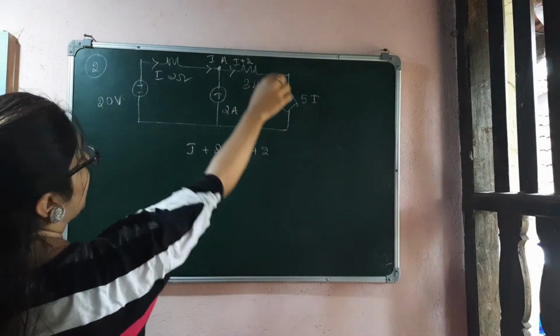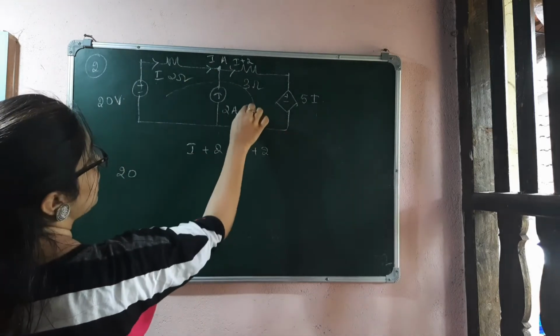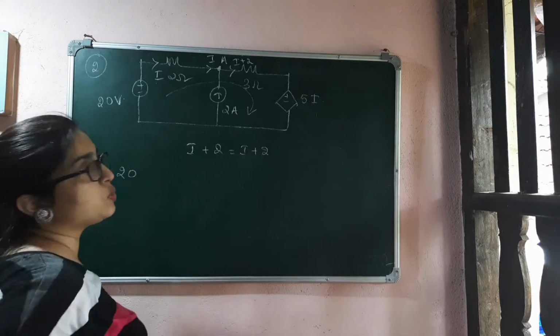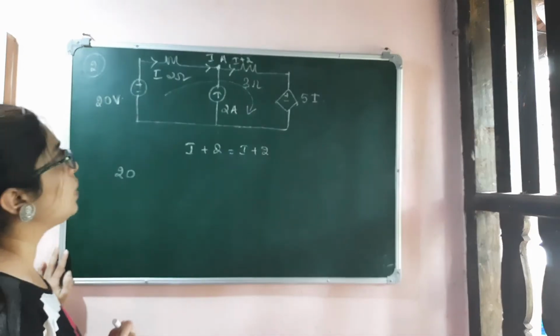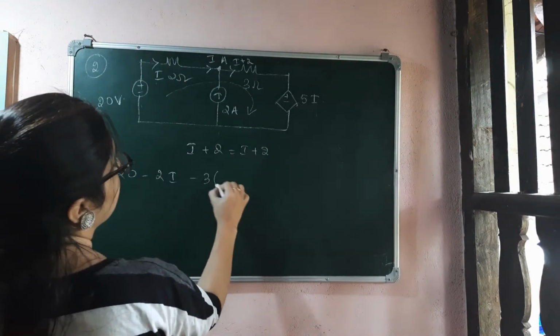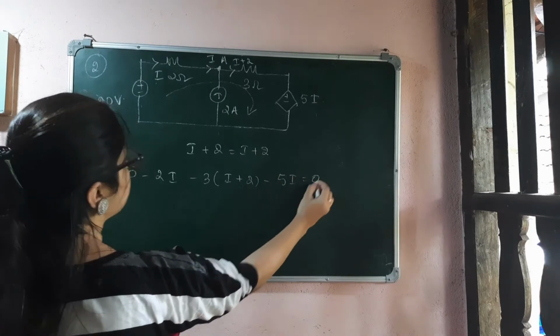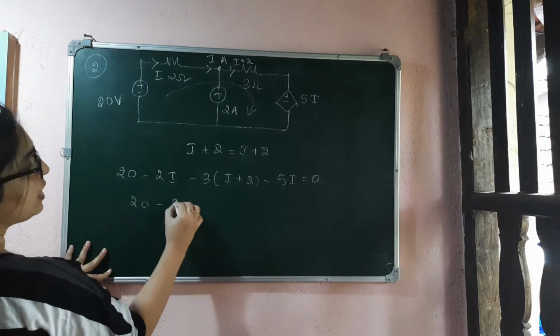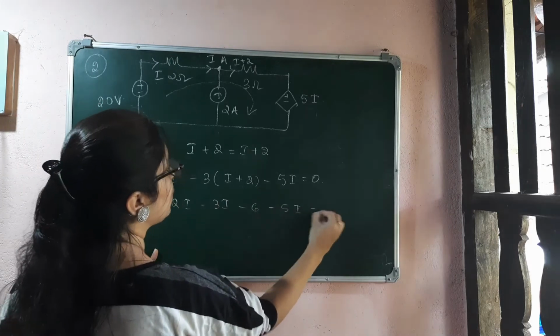Okay, so now what happens if I apply the KVL to this outer loop? I won't include this current source now because I've already considered the effect of the current source of 2 ampere. So 20 minus 2I minus 3I plus 2 minus 5I is equal to 0. 20 minus 2I minus 3I minus 6 minus 5I is equal to 0.